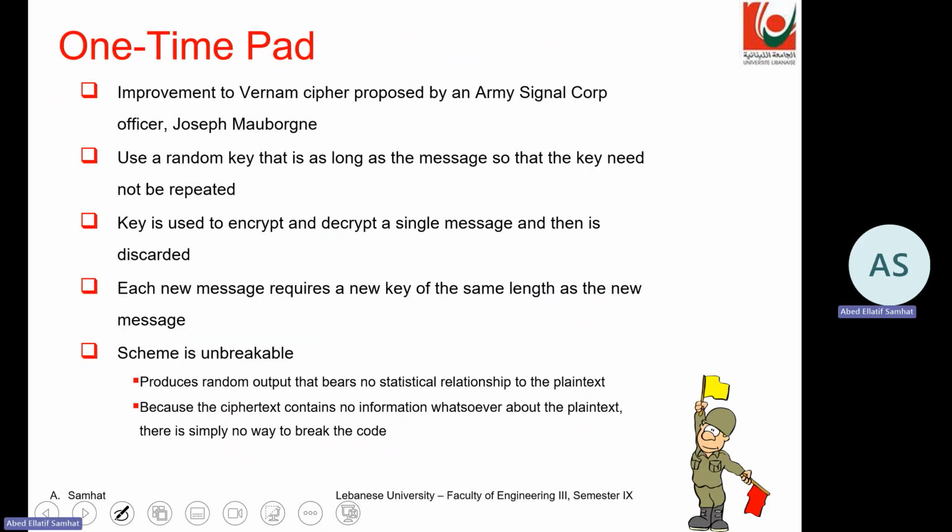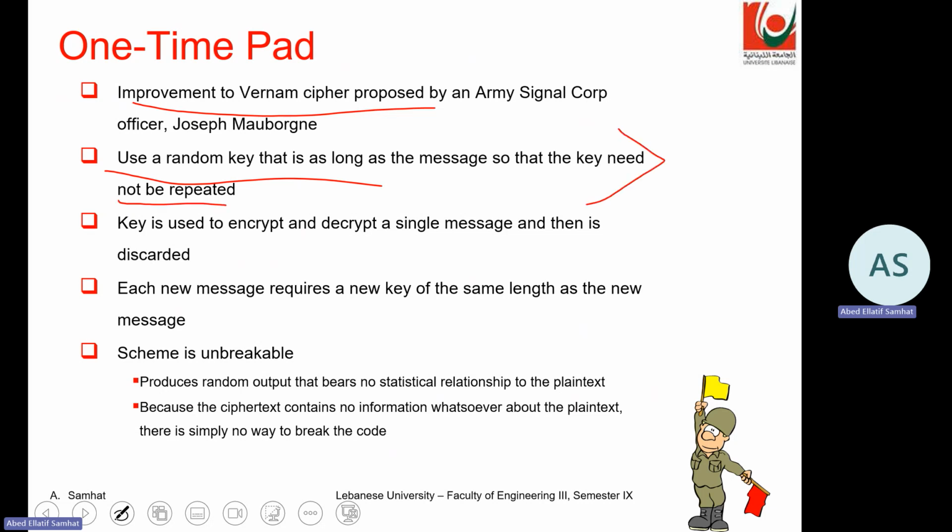And another ciphering scheme is the one-time pad. The one-time pad is really an improvement of the Vernam cipher. The objective here is to use a random key, and this random key is as long as the message, so that the key need not be repeated.